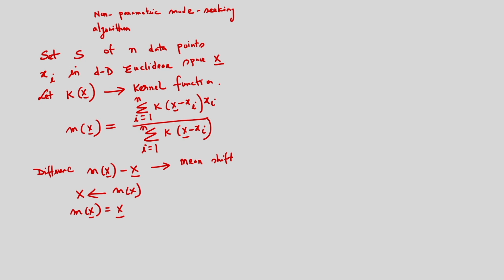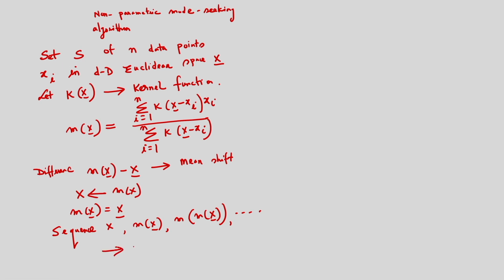So that means I will be getting a sequence: x, then m(x), after this m(m(x)), and like this I will keep getting.